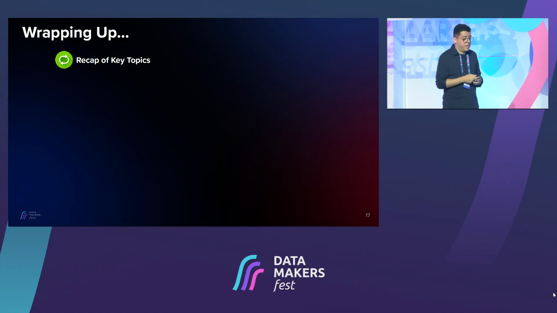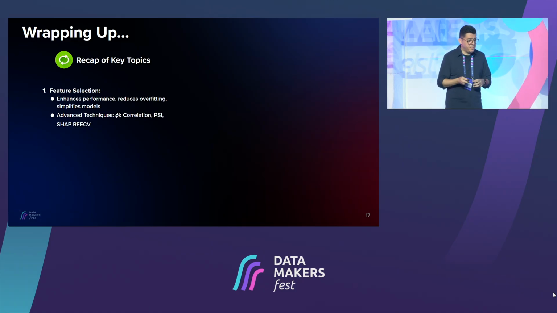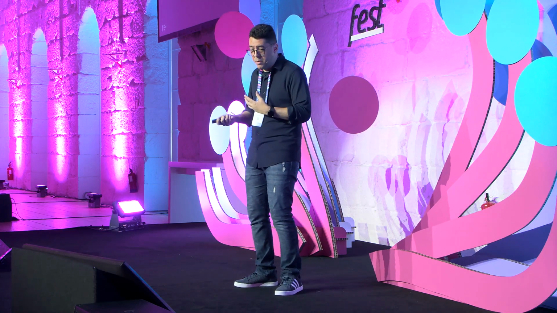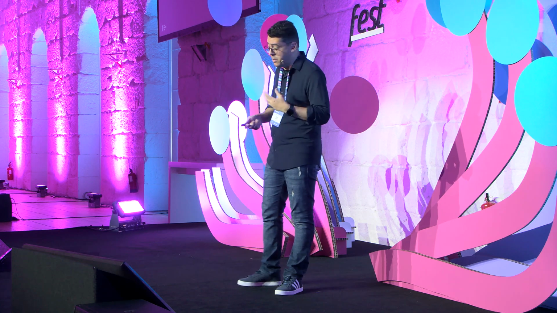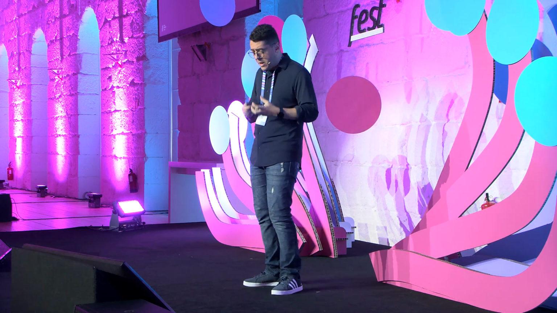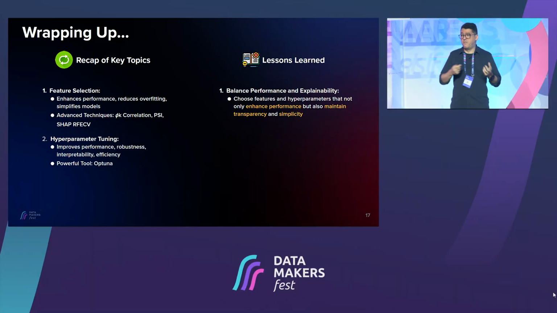So wrapping up, we have seen some feature selection techniques to enhance your model performance and also some hyperparameter tuning methods to improve performance, interpretability and efficiency of your models. What we can learn from this is that we should always aim for a balance between performance and explainability.